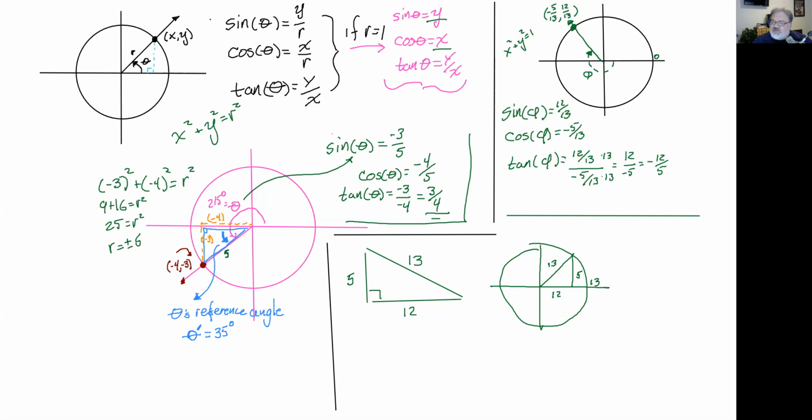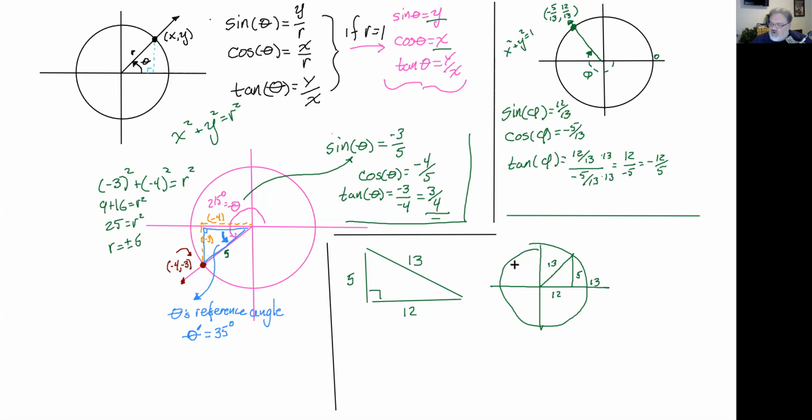So we could define that point up there. This point up there would be the point 12, 5, and we could define our trig functions based on that. The 12 thirteenths and the 5 thirteenths as the x over r and y over r.